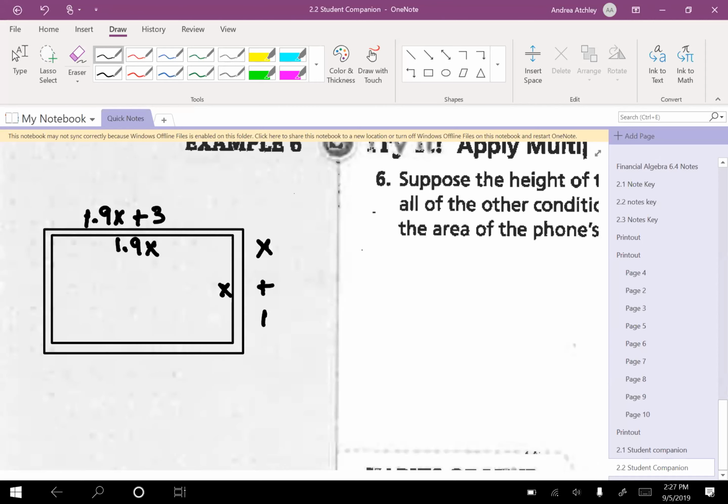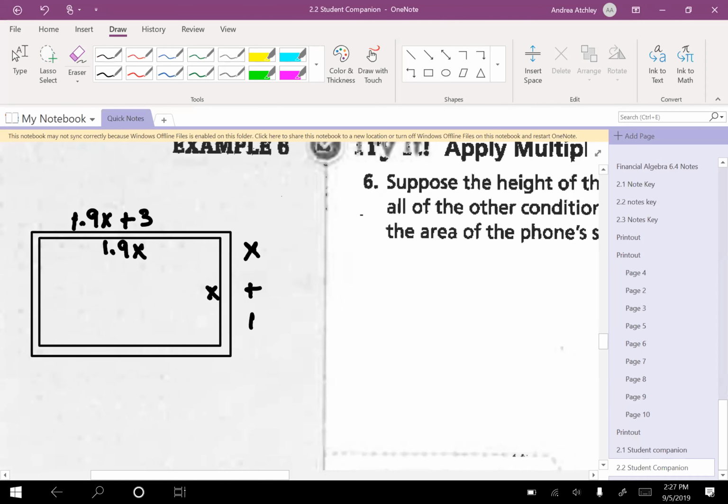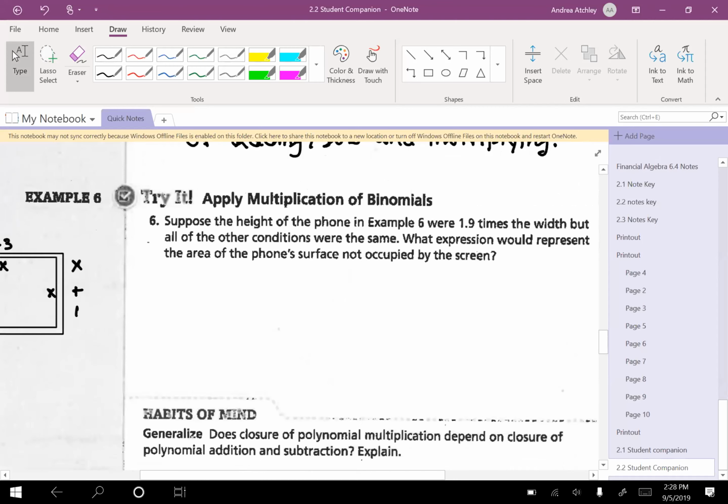Subtract the area of the screen, right? That's exactly what we're going to do. We're going to find the area of the whole phone and take away the area of the screen. So we're going to have the area of the phone minus the area of the screen.